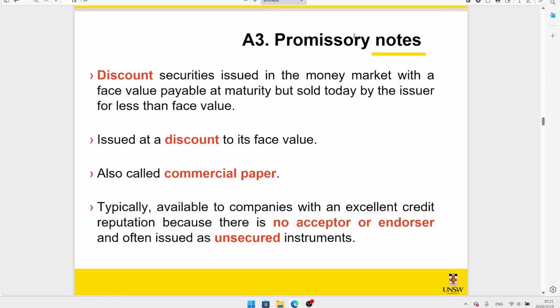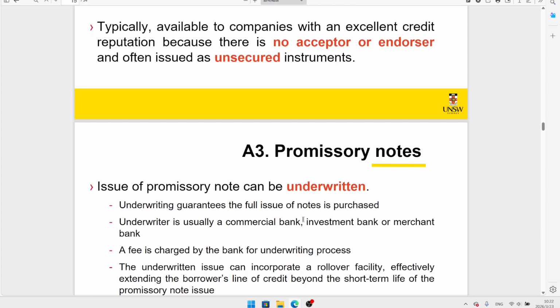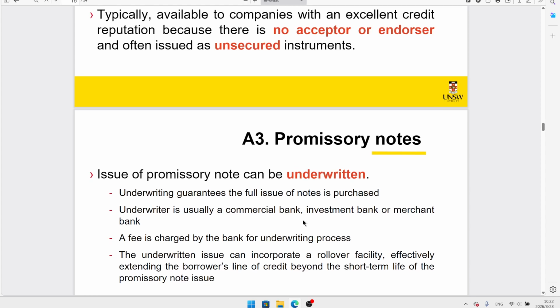The key factor is that it is also at a discount, but it is available in the secondary market. It is tradable.